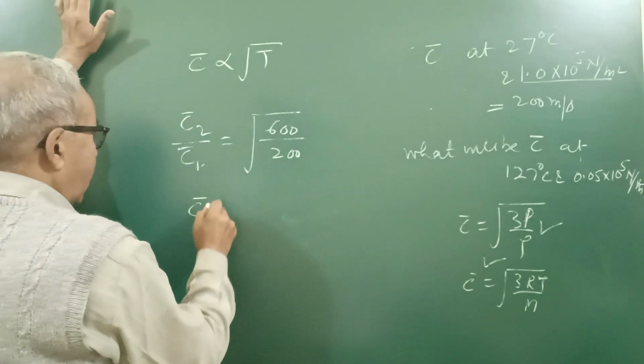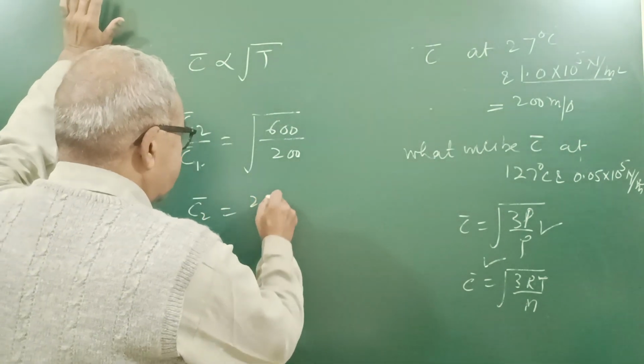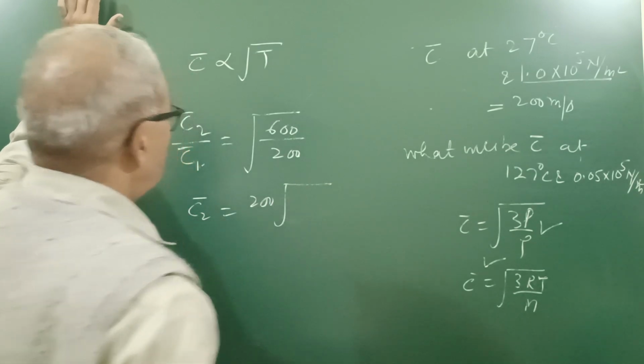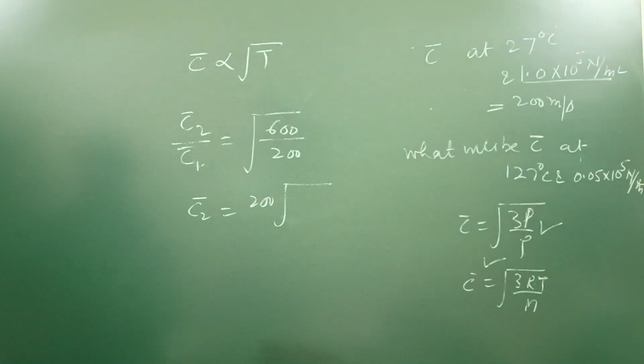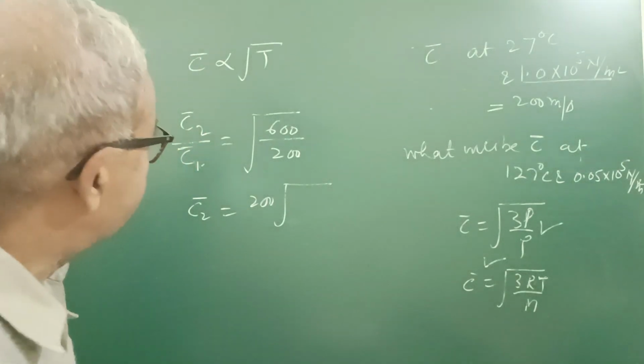So C2 bar equal to C1, which is 200. It is upside down. Sorry, I took the other question.